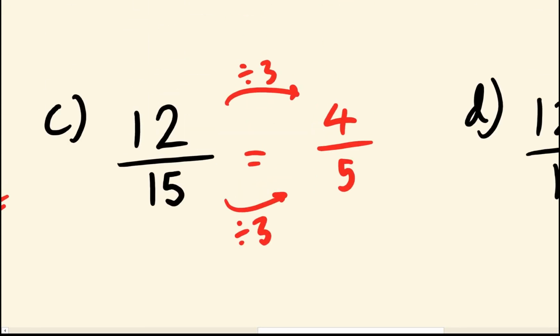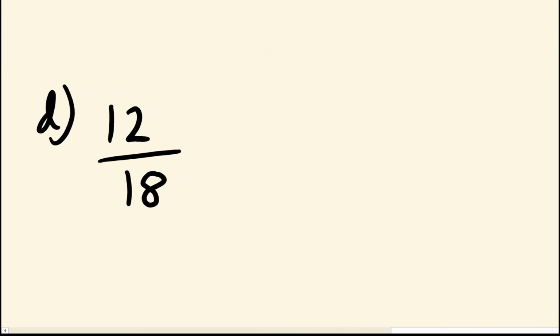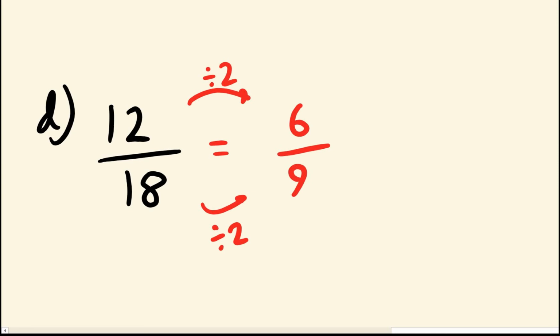Okay. Last example is 12/18. So it starts off fairly simple. Both these numbers are even. That should always be your first check. If they're both even, that means we can divide them both by 2. So if we halve 12, that gives us 6. If we halve 18, that gives us 9. And again, we want to check, can we simplify this any further?